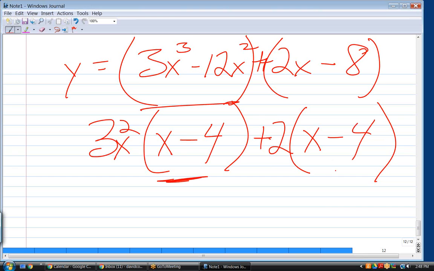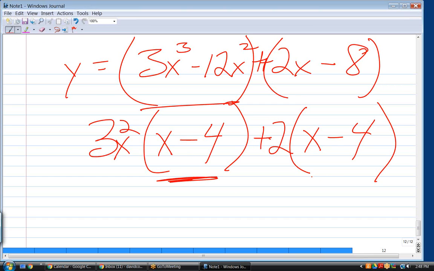Now, as long as that is the same as that, I can factor an x minus 4 out. And this is the only difficulty with grouping, is that up till now in your algebra career, you've only factored out monomial terms. It's not that common that you come across an expression where you can factor out a binomial term.